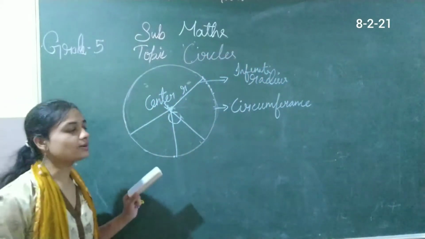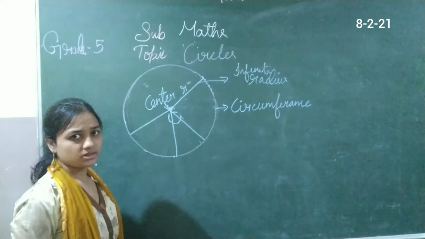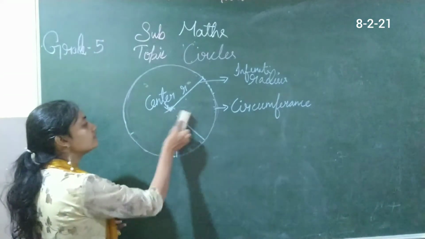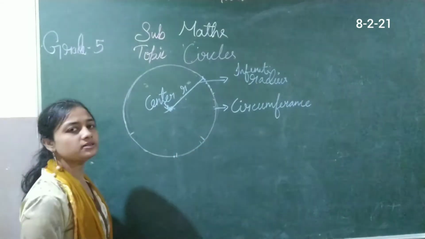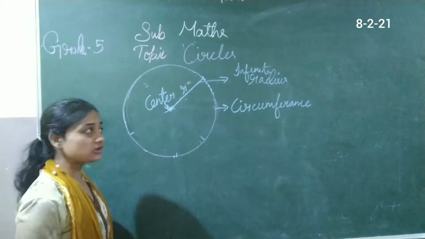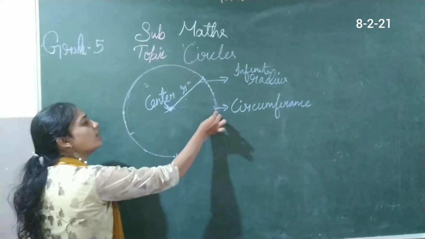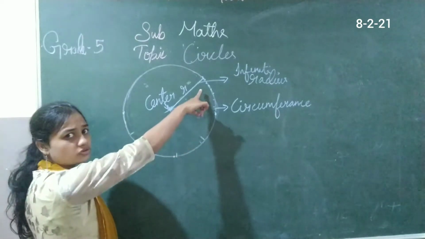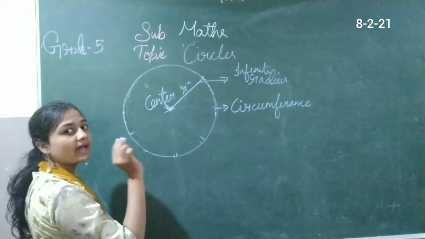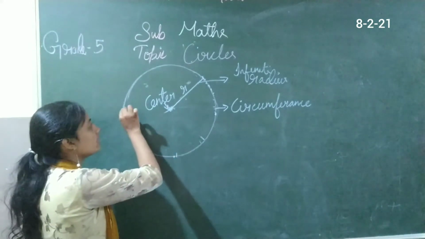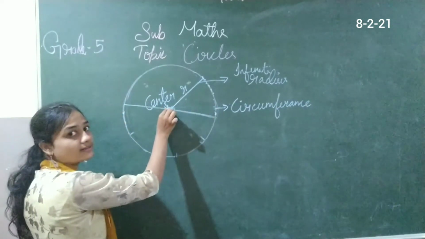So now you know about the radius. Next we will go to the diameter. So what is the diameter? The diameter is also a line joining two points on the circle, but very special about it is that it will always pass through the center of the circle.